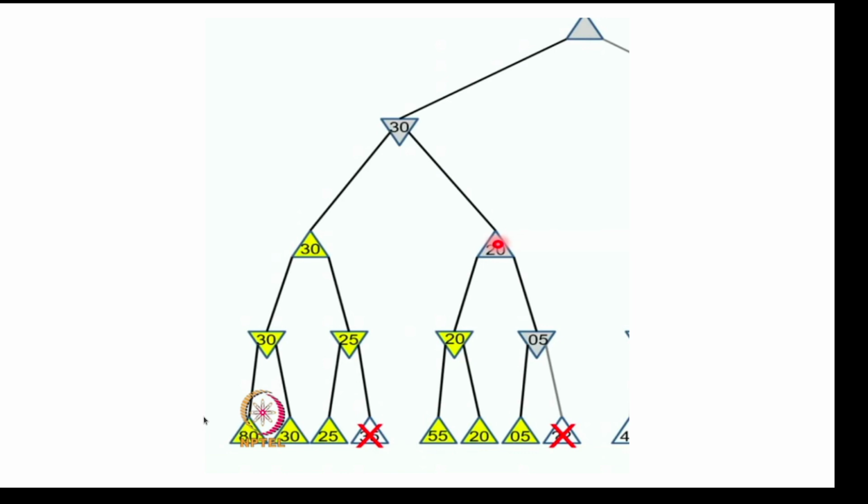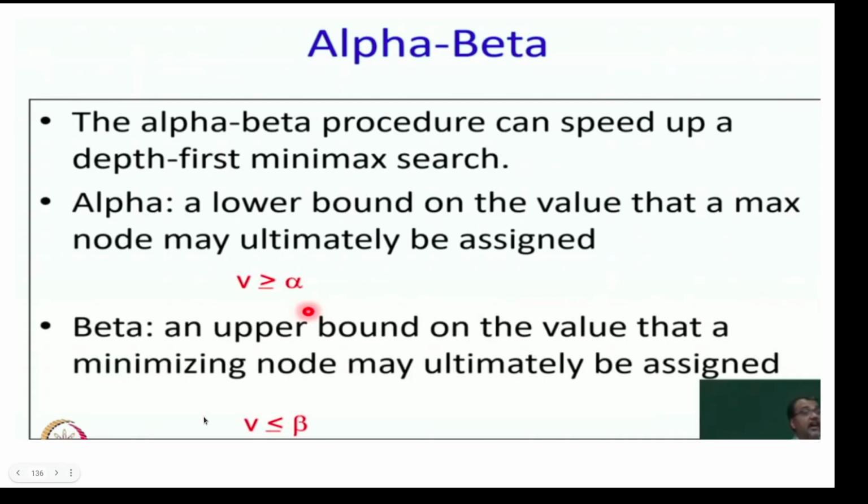So obviously we are quite sure that whatever term comes here will be less than 25, right, because it is the min node. So do we need to explore? Because the upper node is the maximum node and we already have 30 which will go upward, so we are not requiring that number. So that's why it is a lower bound on the value that a max node may ultimately be assigned.